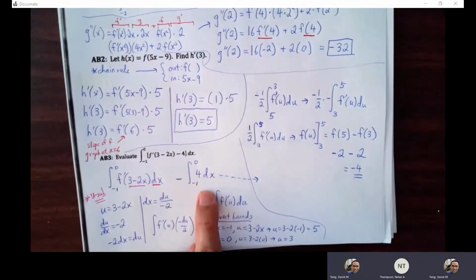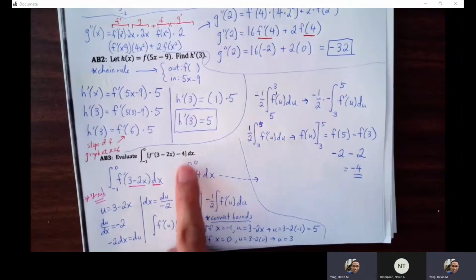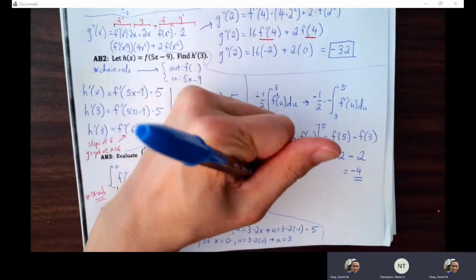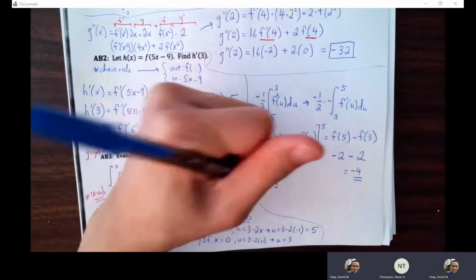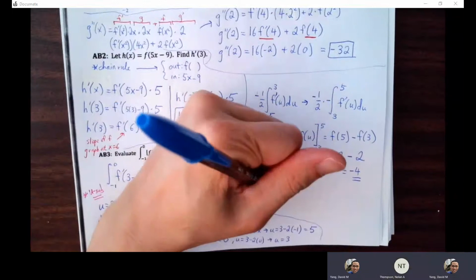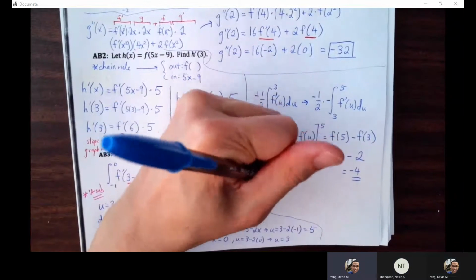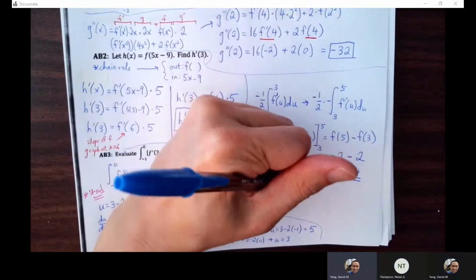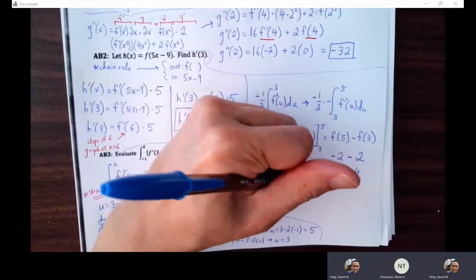But the integral of 4 is just going to be power rule. So 4 becomes 4x, and then we can plug in our upper and lower bound. It's going to be -1, 0, right?